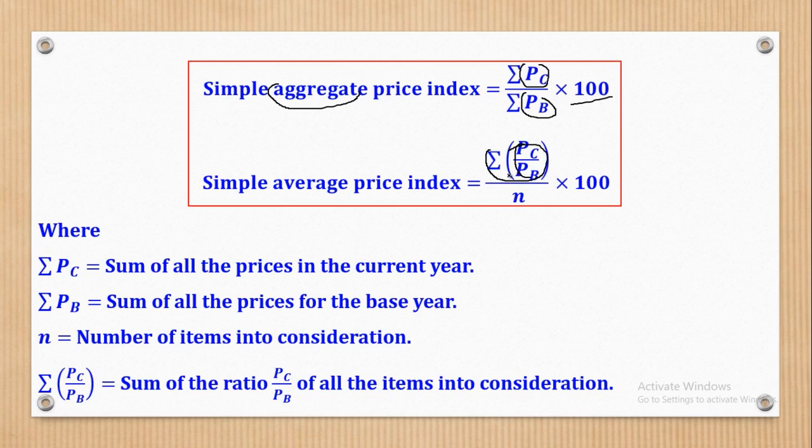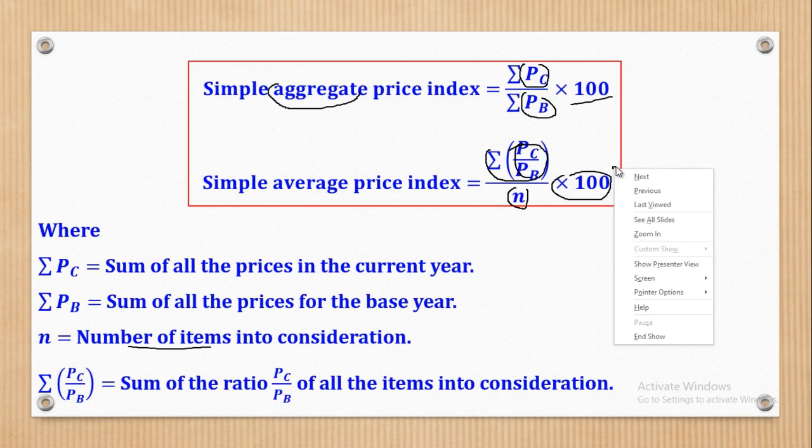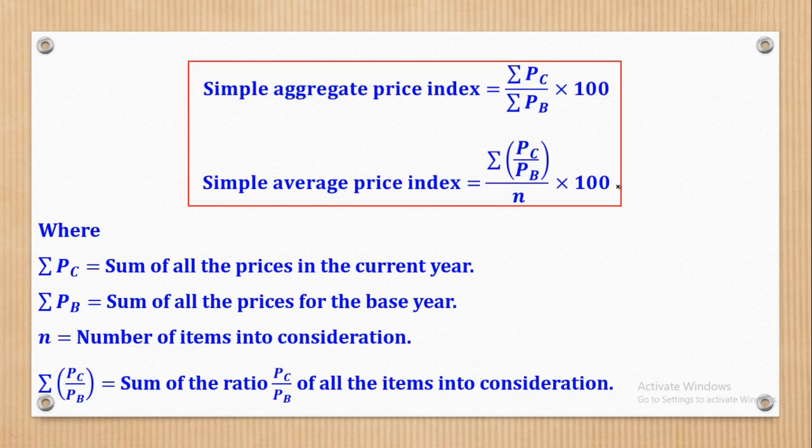After summing all of them, you have to divide by n. So what is n? N is the number of items into consideration. Then after that you multiply everything by 100. But you must be keen to realize that we are not putting a percentage sign. We shall see shortly where to put a percentage sign.